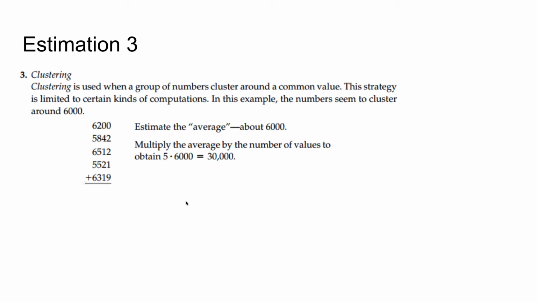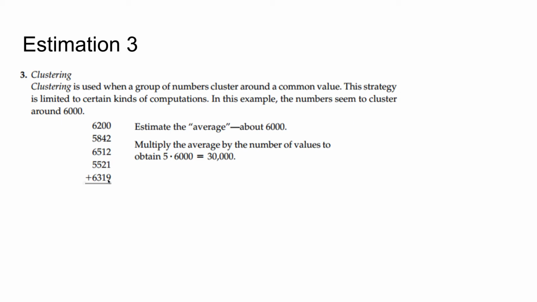Okay. Estimation 3, third one, clustering. What does clustering mean? You're gonna cluster, grouping the numbers together around a common value. This strategy is limited to certain kinds of computation. In this example, the numbers seem to cluster around 6,000 because 6,200 is very close to 6,000, a little more than 6,000, a little less than 6,000, about 500 more than 6,000, about 500 less than 6,000.